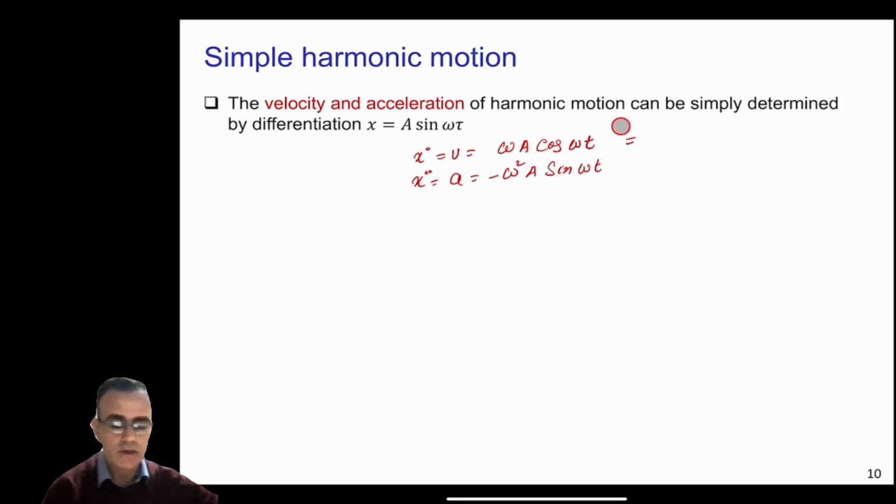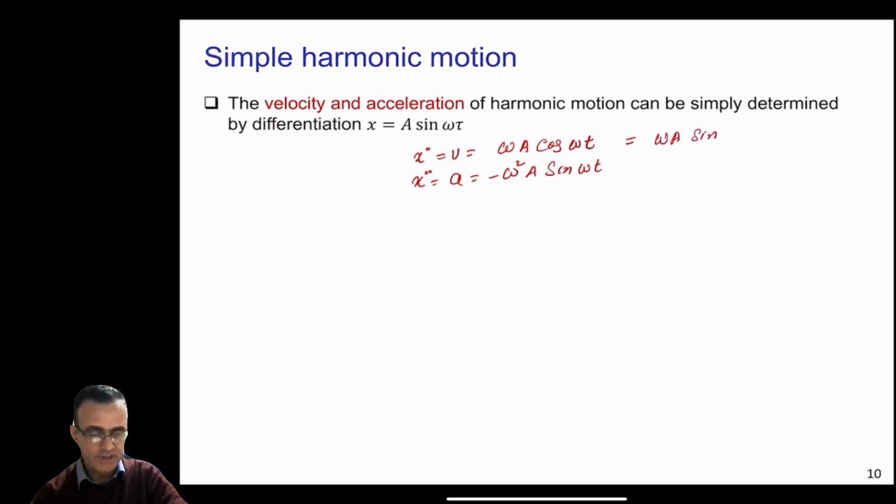Now to make this equivalent to the displacement equation, you can change this cos to sine, so this will become omega a sine omega t plus pi by 2, because we know that cos omega t is equal to sine omega t plus pi by 2.